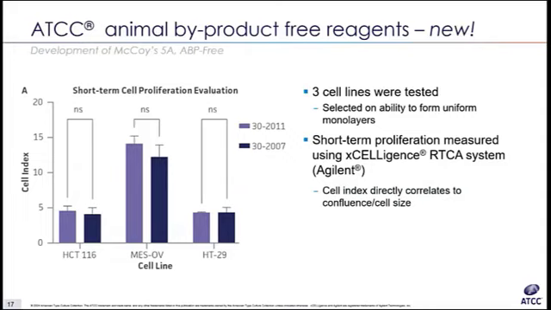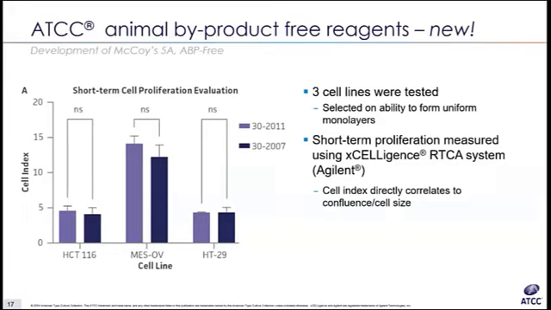For this, we used 3 cell lines, which are typically grown in the previous McCoy's 5A formulation. These cell lines were selected based on their similar growth rates and ability to produce uniform monolayers. And for this, HCT116, MESOV, HT29 were selected.